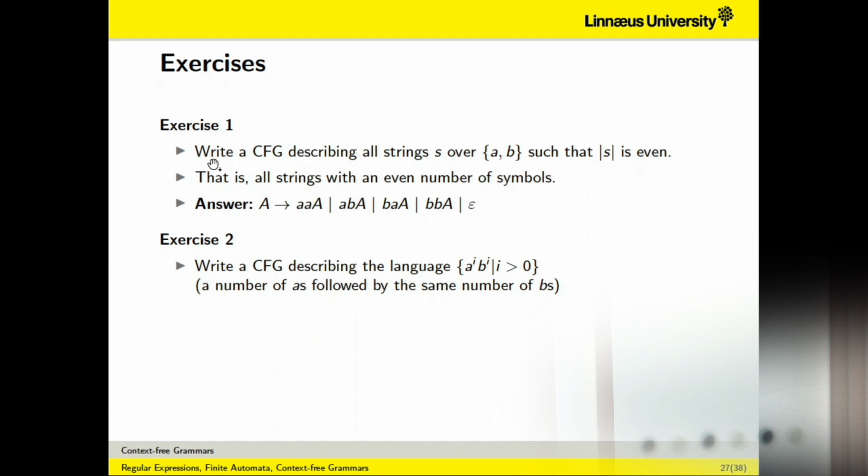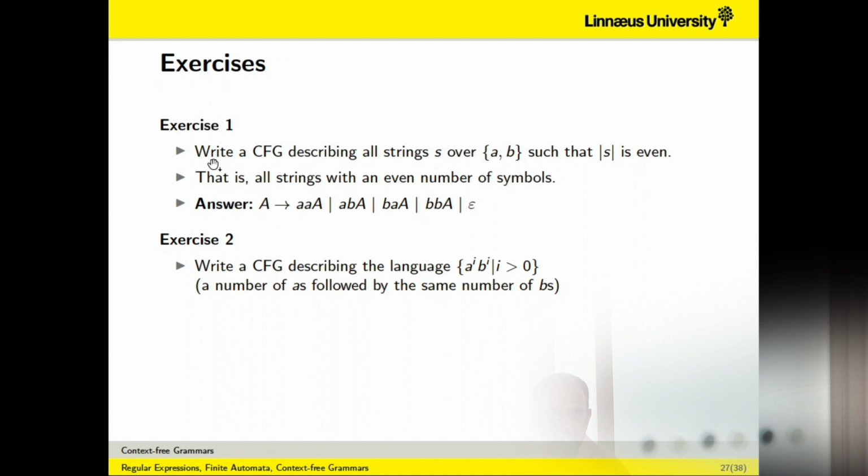However, now we have a new exercise, and it says: write a context-free grammar describing a language which is composed of two symbols A and B, and it should start with the A but be followed by the same number of B's.